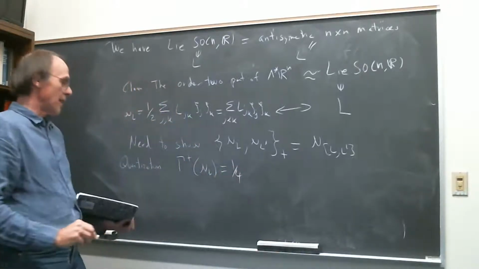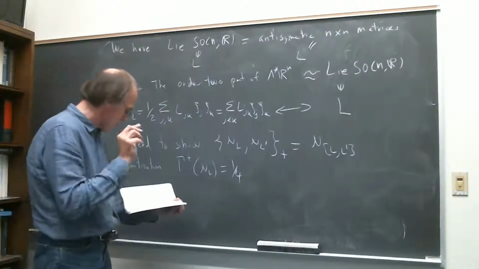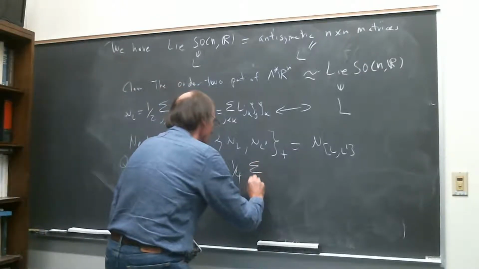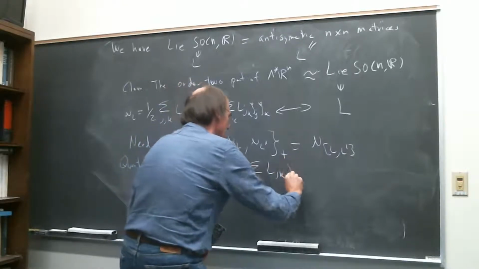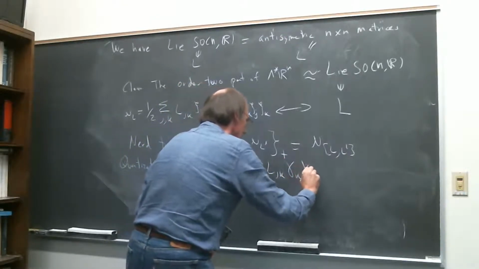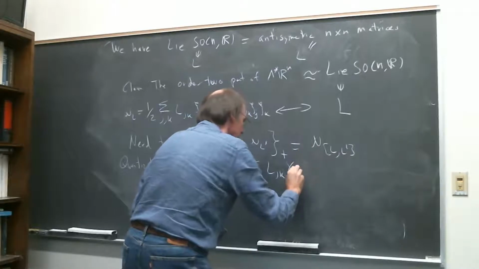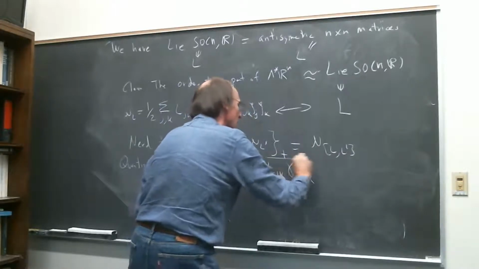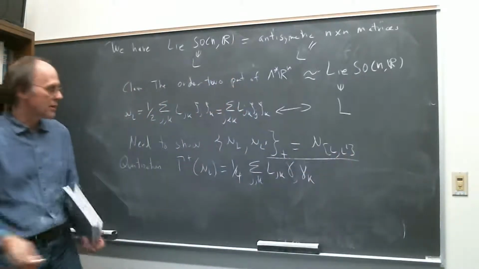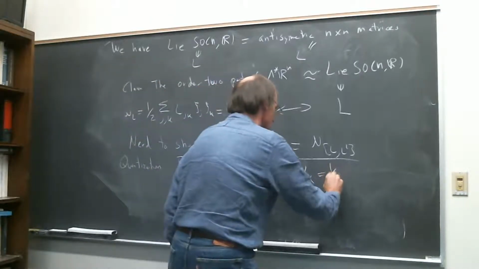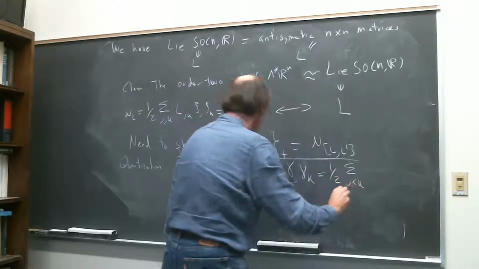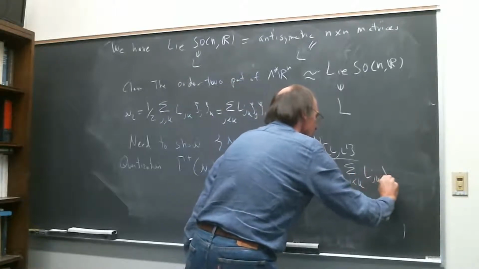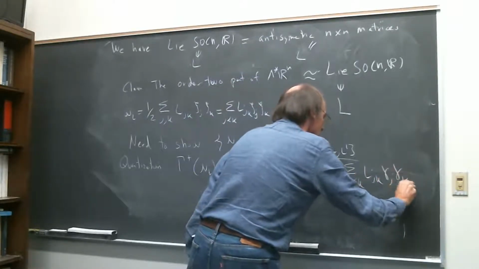You pick up a couple of factors of 1 over square root of 2, and you get a quarter times the sum over j, k of L_jk gamma_j gamma_k. Or if you want the same thing, you can also write this as 1/2 times the sum over j less than k.